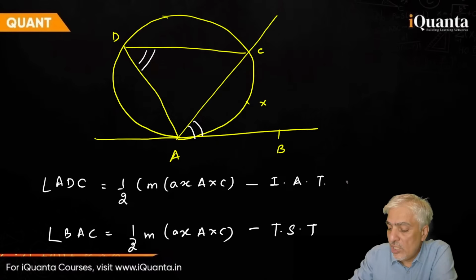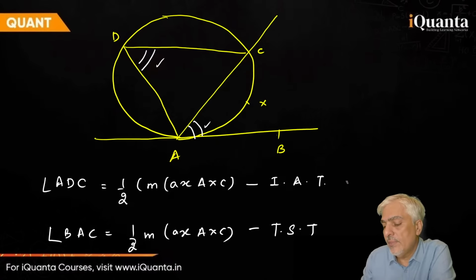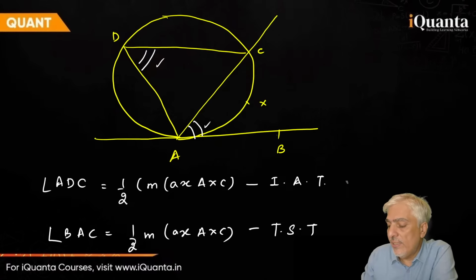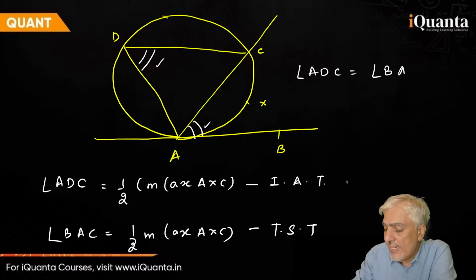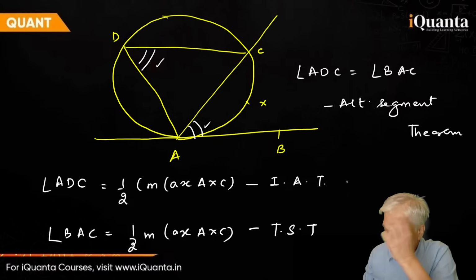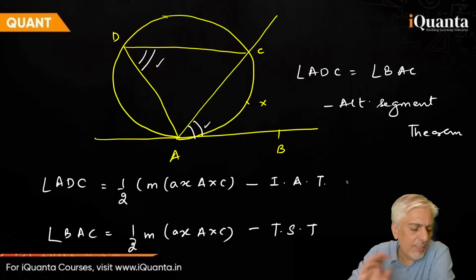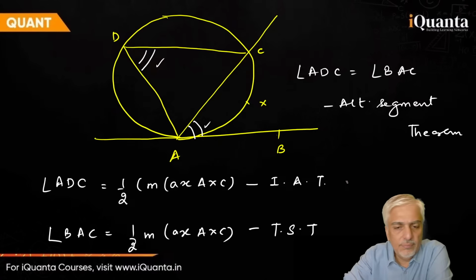Okay, therefore these two angles will be equal, and if these two angles are equal, that becomes the alternate segment theorem. Therefore angle ADC is equal to angle BAC. Okay. So that's one more important thing which I think you can do. So that's a nice property.